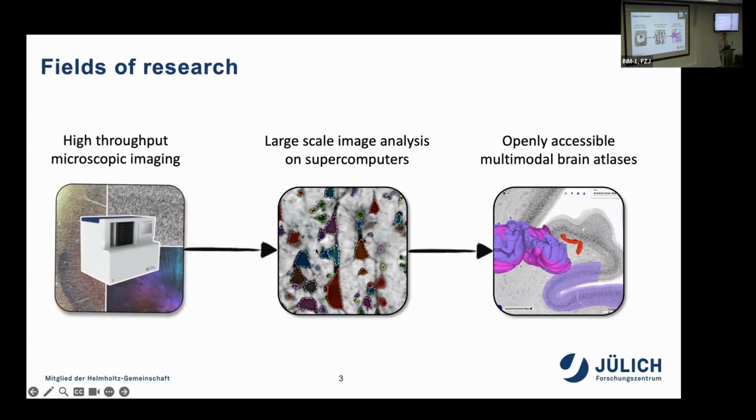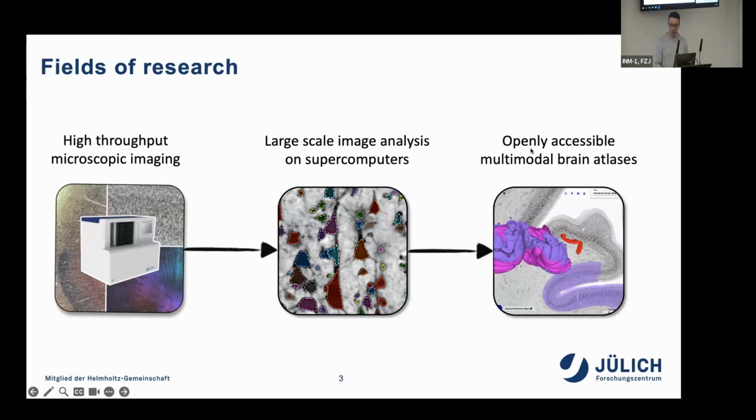And of course, one of the things we are doing is helping to develop BigBrain and the related data sets, models, and softwares. So we deal a lot with data management, a lot with AI-based image analysis, and also as a third pillar, developing software to work with high-resolution image data and brain atlases.